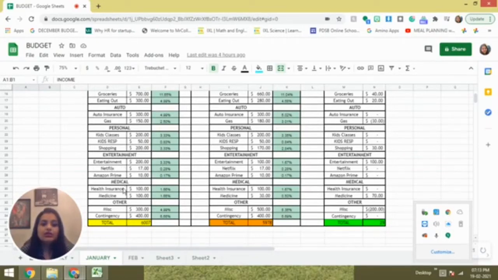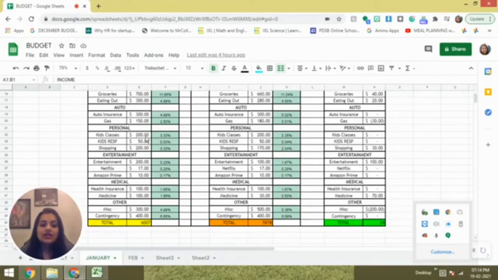Medical, one is health insurance, which is a bigger umbrella that covers your dental and your other medical expenses apart from your normal GP. Medicine, yes, of course, prescription drugs or any other particular medical need would be covered under this category.